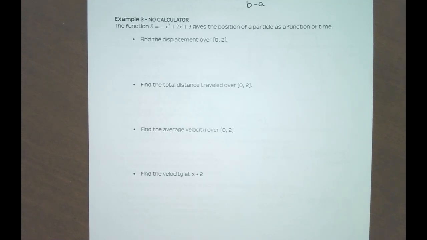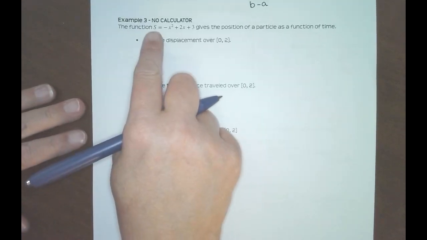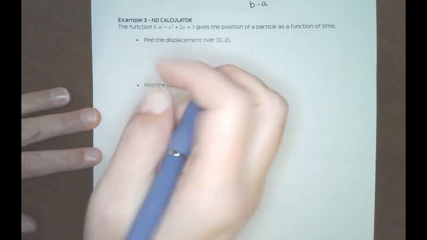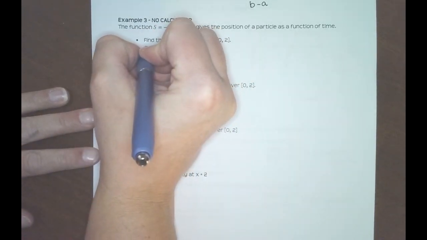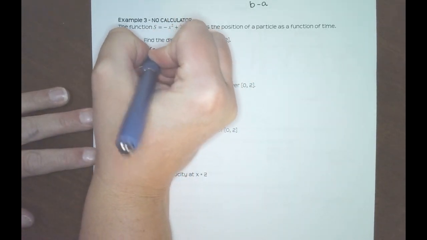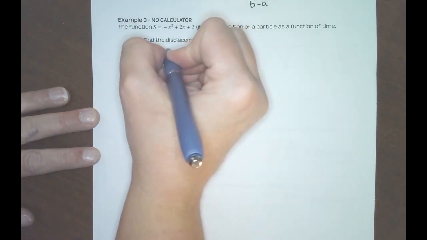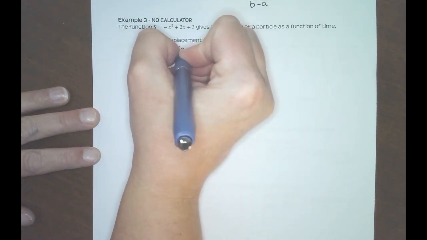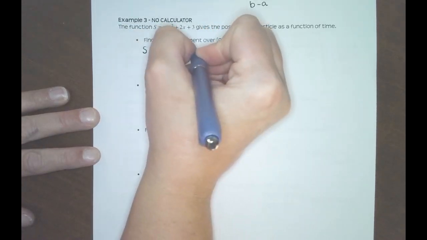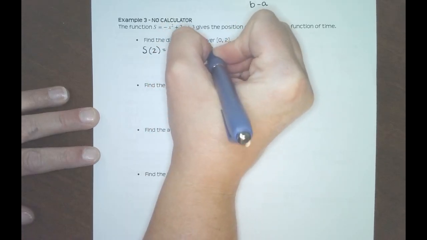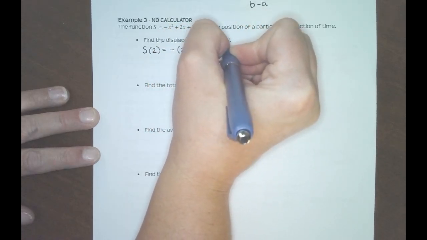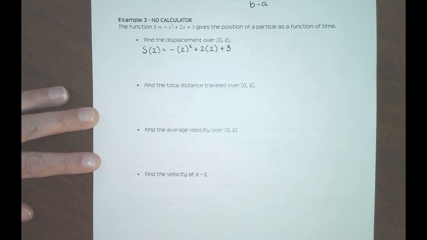So what I want to find is the position at 0 and the position at 2. That's the s function. So I'm going to say s of 2 equals negative 2 squared plus 2 times 2 plus 3. So I'm just using that original function exactly how it was given.